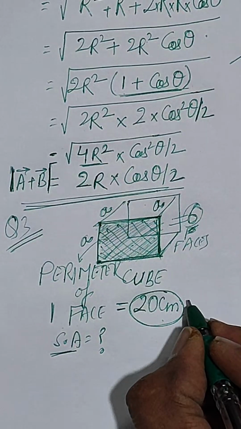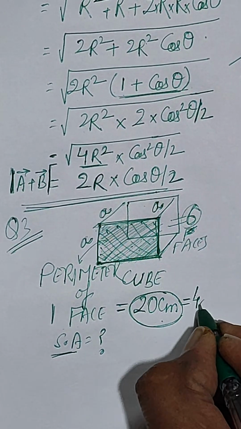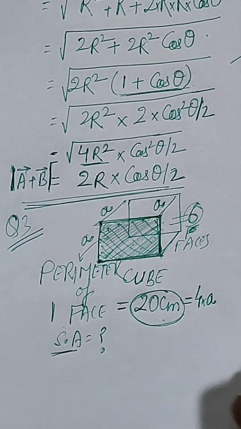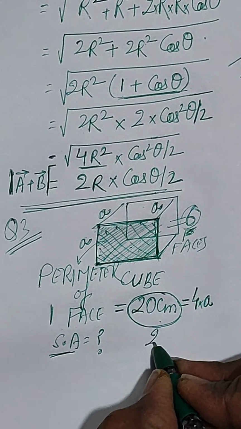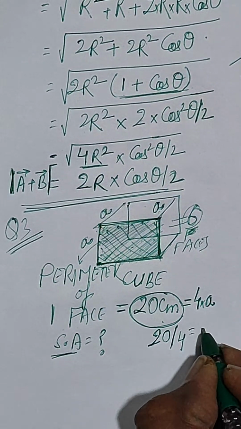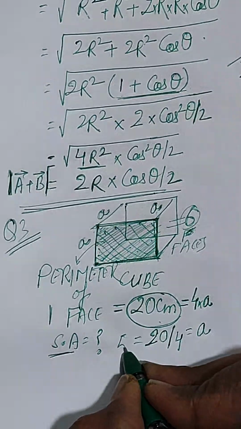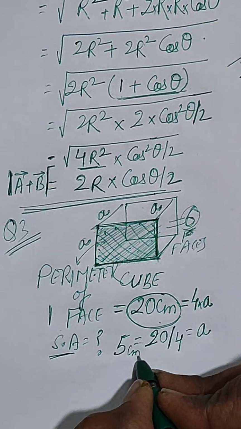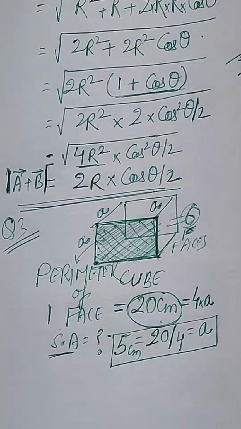So you just equate this 20 with the perimeter, that is 4 times the length of the side, right? This will give you the length a as 20 by 4, which is coming as 5 centimeter, the length of the edge of this cube, right? Perfect.